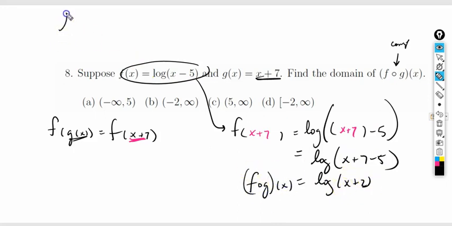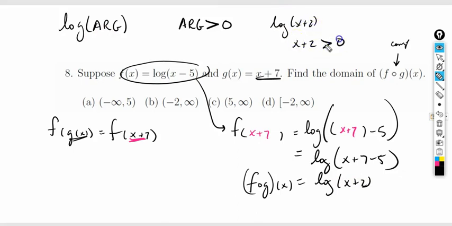Now, if you have a logarithm, then the argument for the logarithm, what's inside the parentheses, is always strictly greater than 0. You cannot take a logarithm of something negative. You cannot take a logarithm of 0. So our argument here is x plus 2.